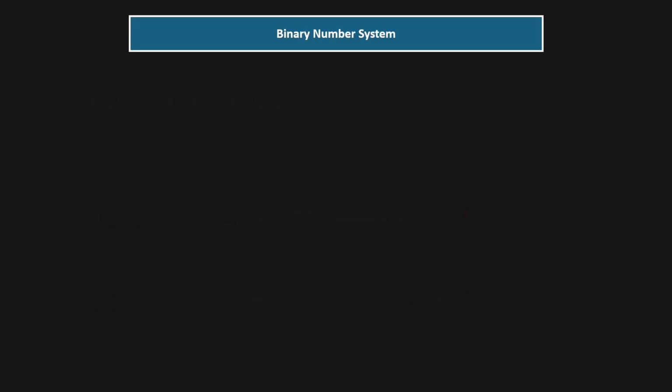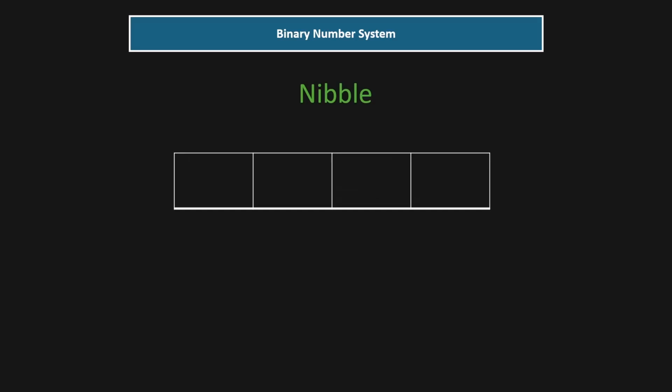Now, let's examine the different states of a nibble so that the concept becomes clear for us. As we mentioned before, we have a 4-bit nibble. At the top, you can see the positions of the digits, and at the bottom, you can see the value of each digit.